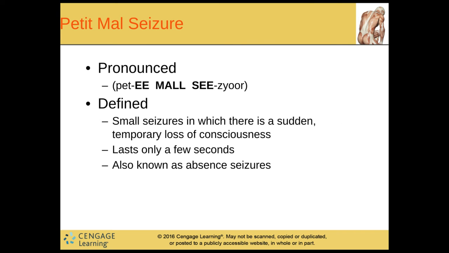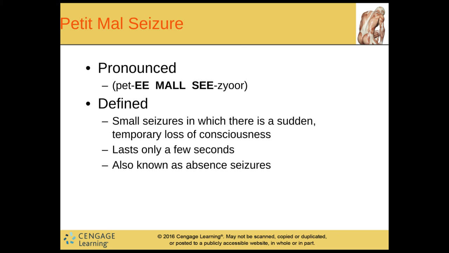And then we have a petit mal seizure, which is a small seizure in which there's a sudden temporary loss of consciousness. It only lasts a few seconds, and it's also known as absence seizures. So sometimes when little kids are first being diagnosed with epilepsy, they will have seizures that are not like shaking and rigid with eyes rolling into the back of their head.